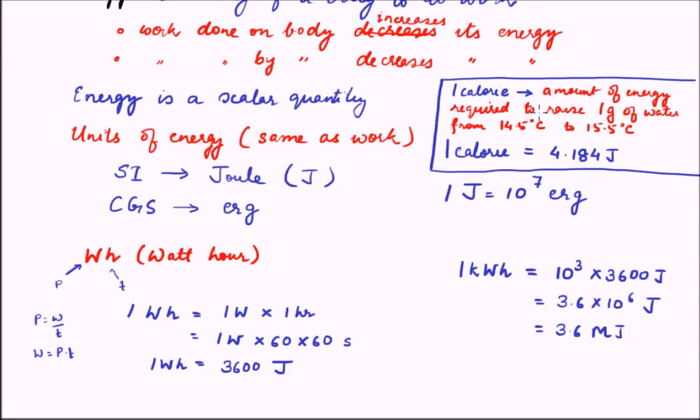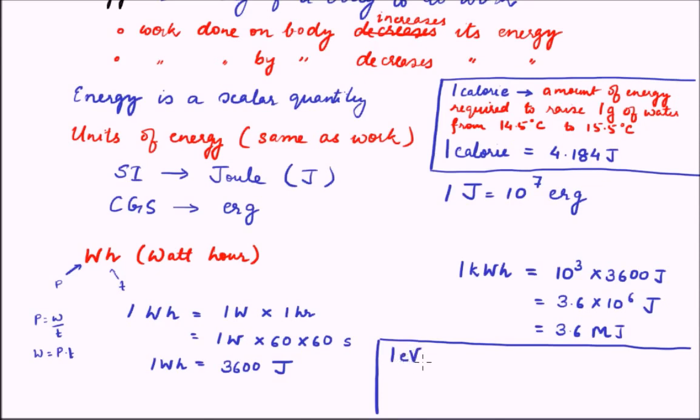We have seen the definition, we have seen the SI equivalent. Now we will go to our last unit that we need to discuss in today's lecture, that is 1 electron volt. 1 electron volt is represented by 1 eV.